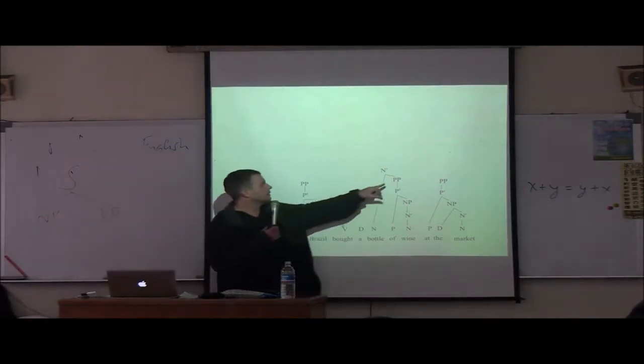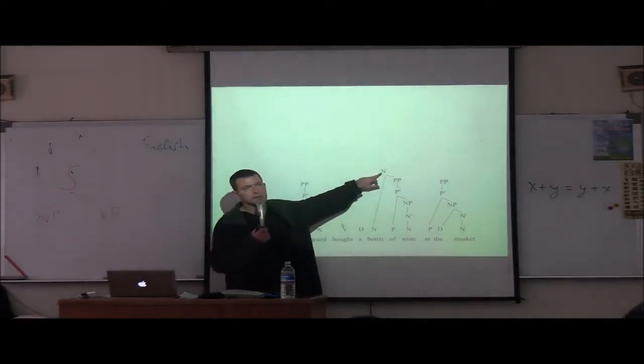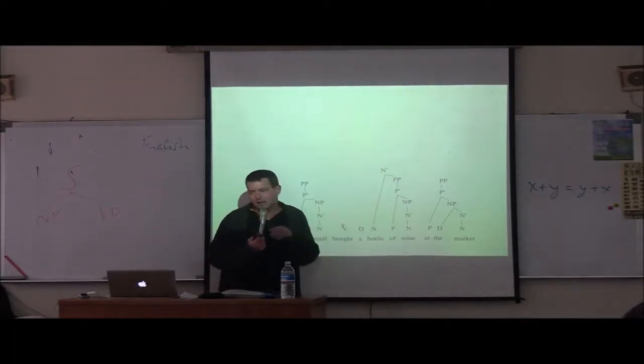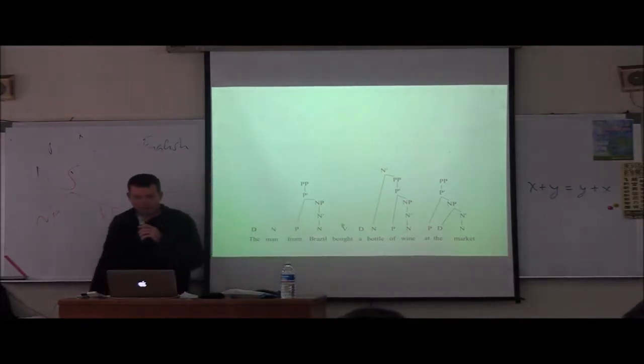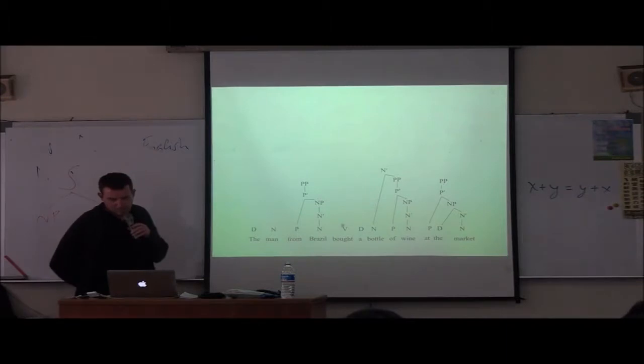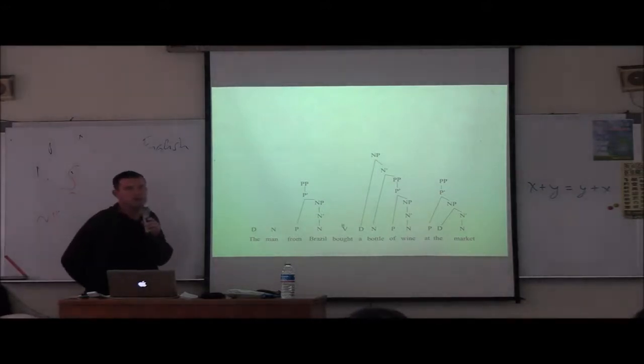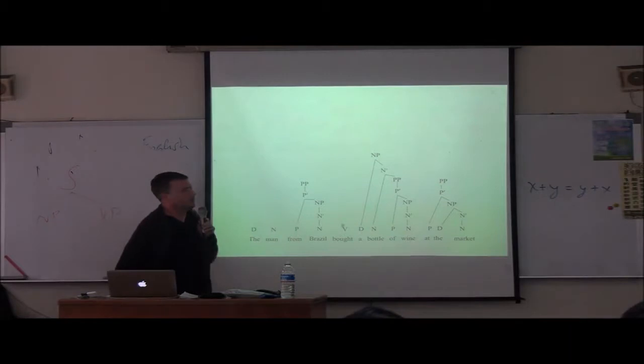So, complement means daughter of X bar, sister of X. A bottle of wine is just an NP with a specifier, right? An NP with a determiner. So, no adjuncts in a bottle of wine. It's a head, its complement, and a specifier, or a determiner. Okay, questions so far?